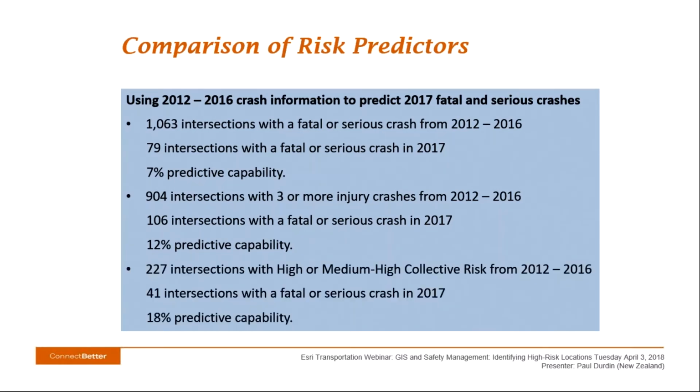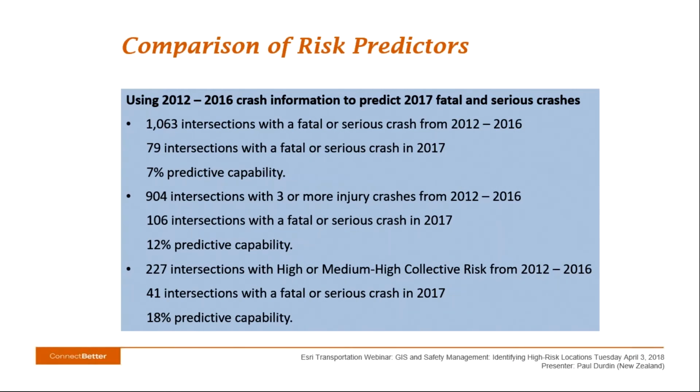Now, there were 227 intersections that had a high or medium-high collective risk using the DSI method that we've just presented, and 41 of those intersections experienced a fatal or serious crash in 2017. So that corresponds to an 18% predictive capability.